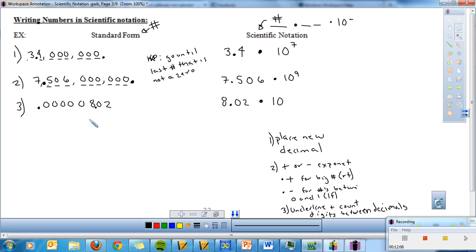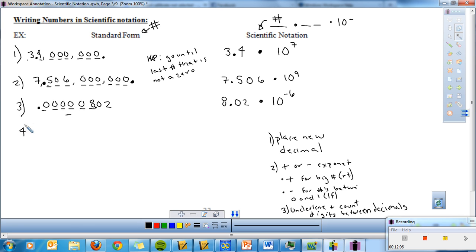Also, if we count, we're going to start at where our decimal was, and we're going to end up counting this way to get to our other decimal. We're moving to the left. So that's another way to see that this is going to be a negative exponent. So I'm going to count 1, 2, 3, 4, 5, 6. So it's 10 to the negative 6.